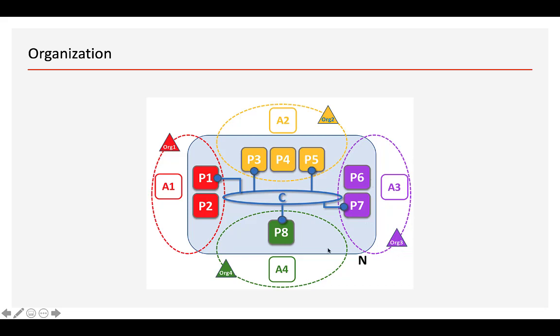Let's say bank 1, this could be another, this may be an auditor, this may be another bank, this may be the central bank, whatever, right? So there are multiple organizations, and the trust idea is that within your organization all the peers you trust, whereas across organizations you don't trust the peers.